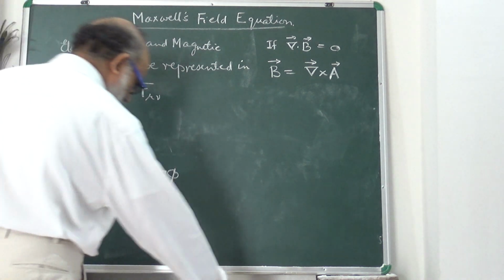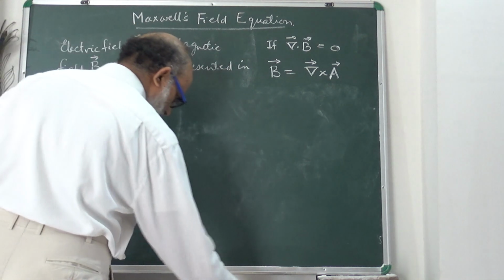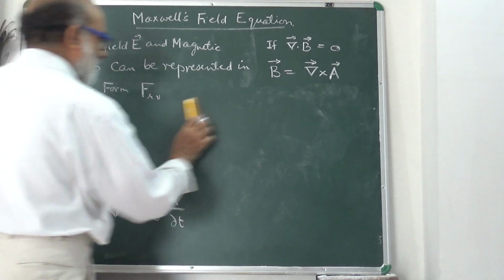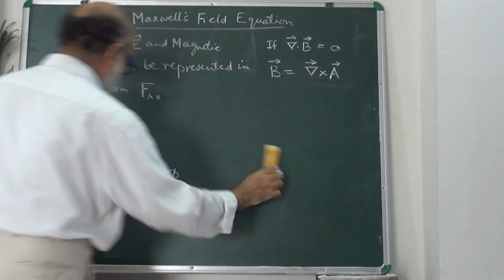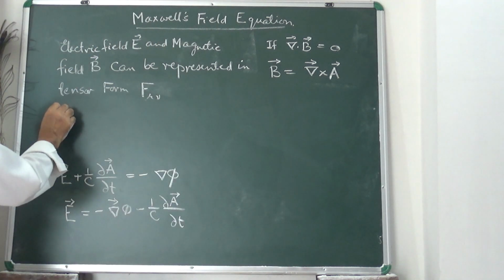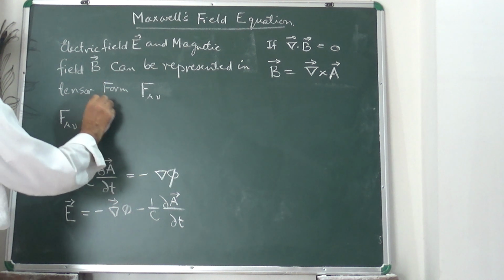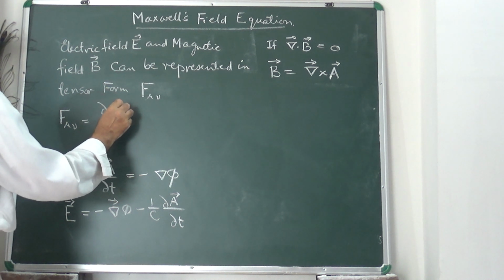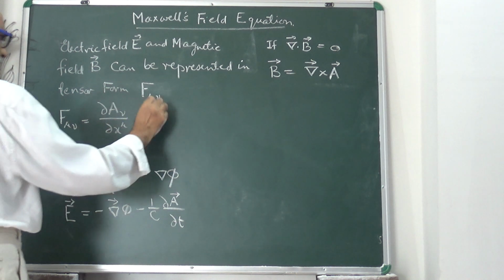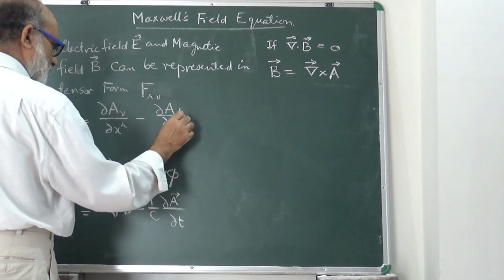Now F mu nu is delta A nu by delta x mu minus delta A mu by delta x nu.